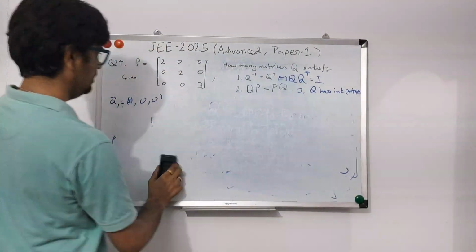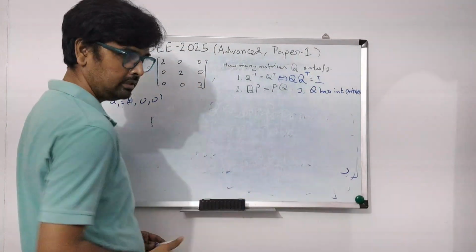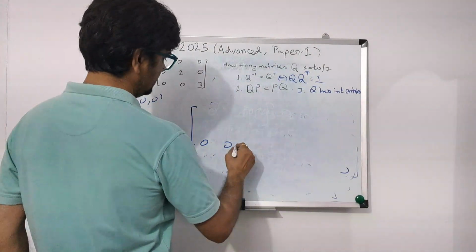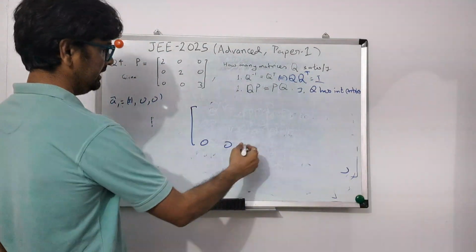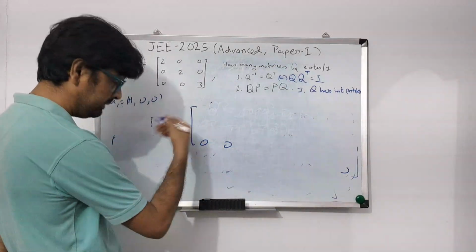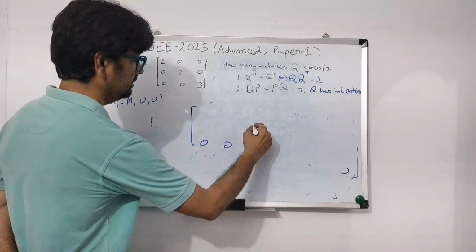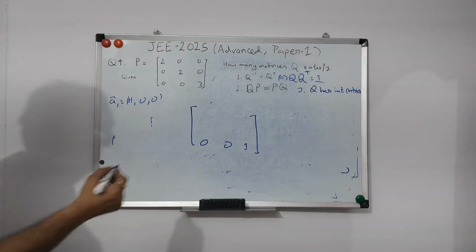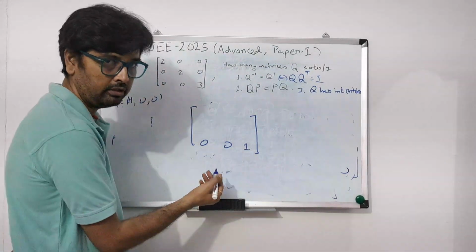We cannot move row 3 out of its place. So this implies that the third row of the rho matrix should be 0 0 1. This much is fixed. We fix the third row of the rho matrix.